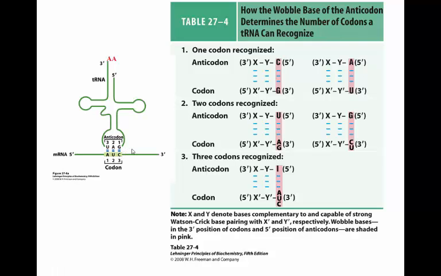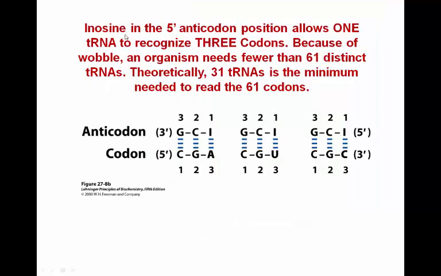Very interesting. Inosine in the 5' anticodon position of the tRNA allows one tRNA to recognize 3 codons. Now the 3 codons it recognizes are codons for the same amino acid. This does not allow a tRNA to recognize a codon for another amino acid other than the amino acid that it accepts in the CCA position.